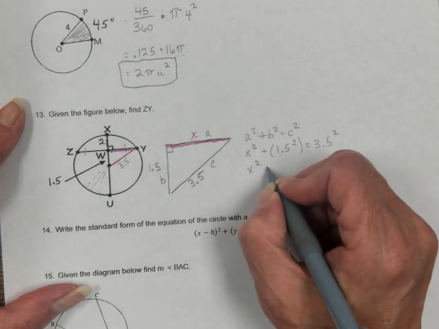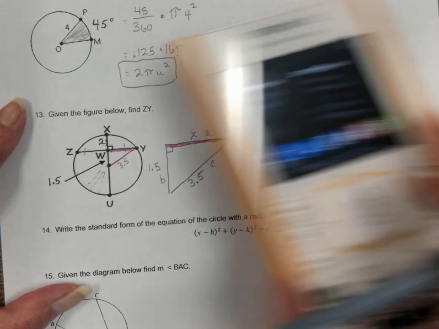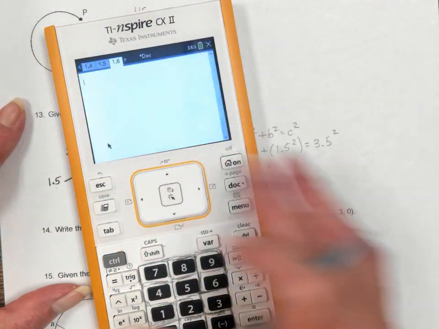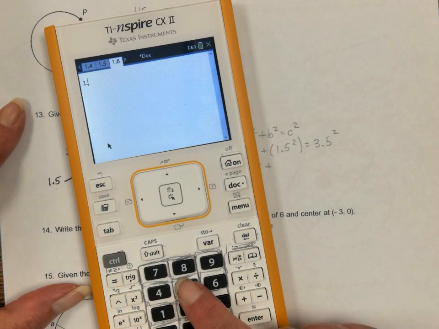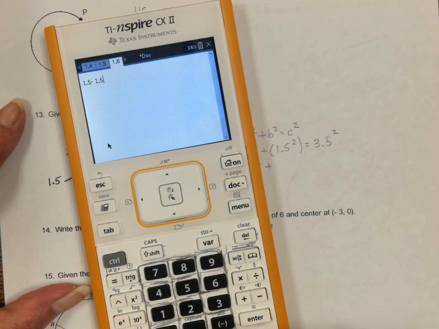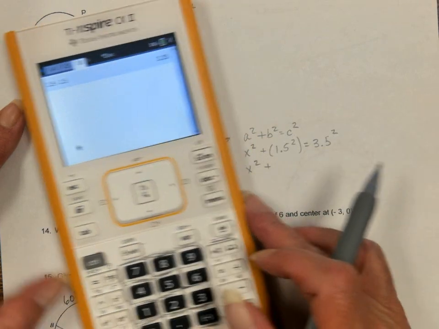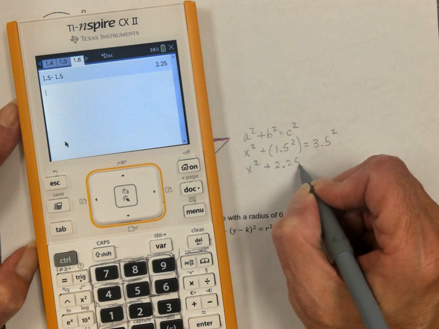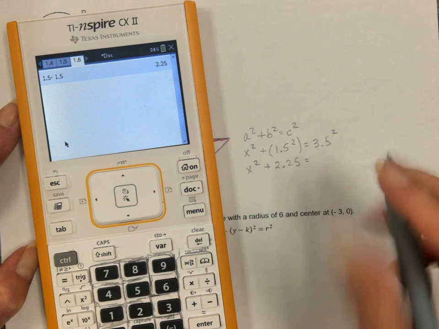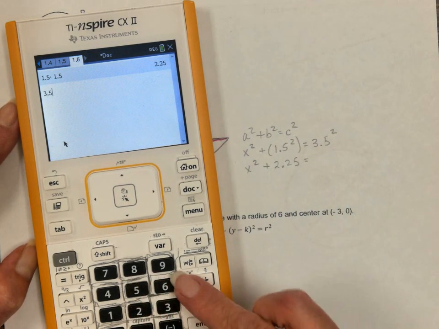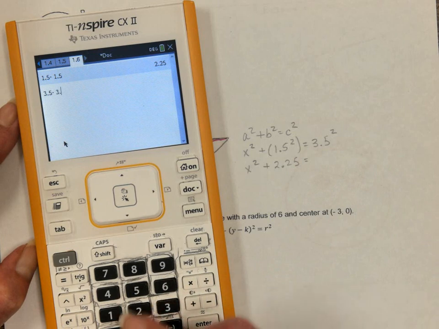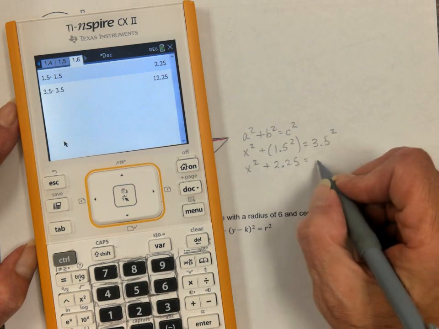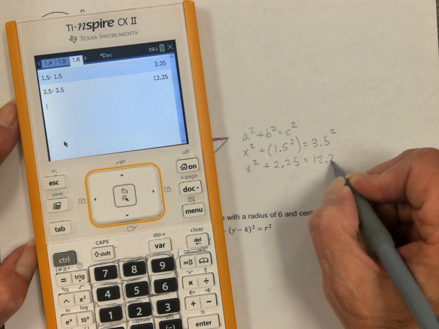So X squared plus, let's see, what is 1.5 squared? 1.5 times 1.5 gives me 2.25. And 3.5 times 3.5 gives me 12.25.